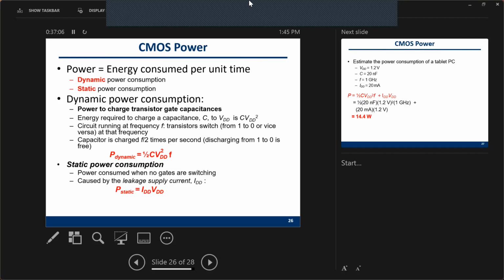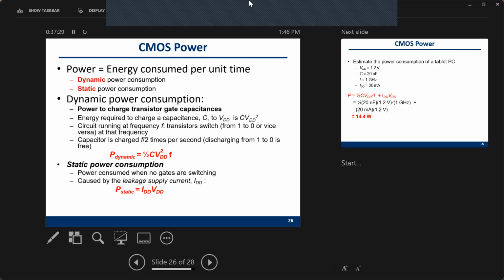When you try to run some application on your circuit, when your circuit is busy, your circuit has to pay the dynamic power. So you can see the dynamic power is proportional to the frequency. So when you actually run your circuit, you have to pay more power.